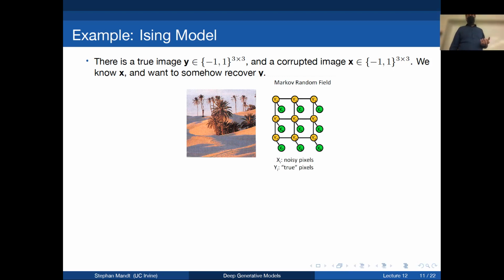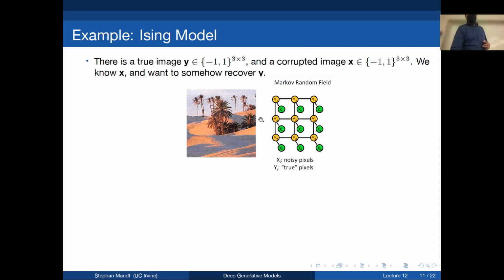The idea is that you only observe an image X that is corrupted by noise, and you're interested in restoring the original noise-free image. The configuration of black and white pixels of the noisy image would be denoted by X, and the idealized underlying image would be Y.